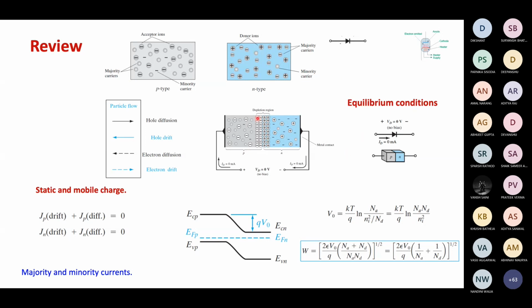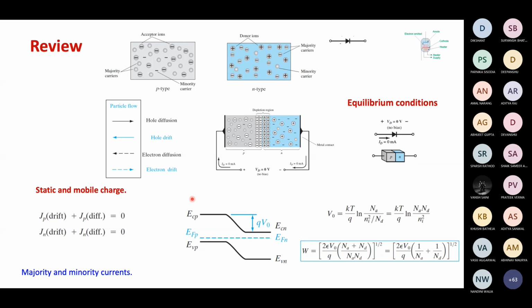So although there might be a contact potential here at the junction, across the device, since the Fermi level is uniform, there will not be any potential drop across the device, or it is not externally measurable.